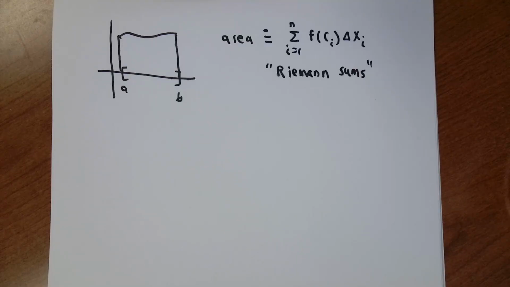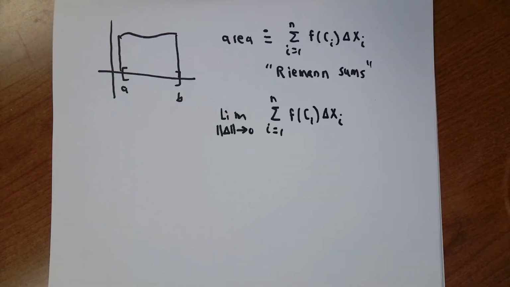It's possible to prove, although we're not going to, that if you have an interval from a to b where the function is continuous, then the function is integrable on that interval. Presuming that this limit exists, this would tell me the area under the curve starting at x equal a, ending at x equal b.